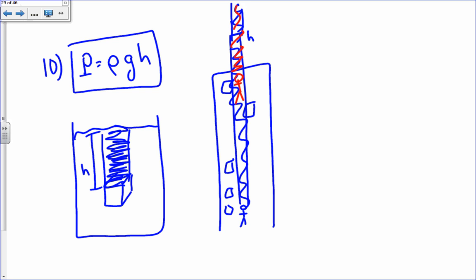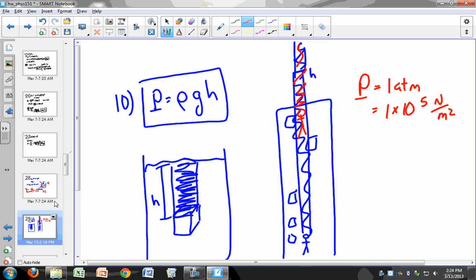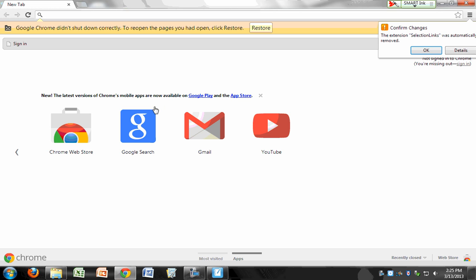About how large is the total h creating atmospheric pressure at sea level? Well, the pressure at sea level is 1 atmosphere, which is equal to 1 times 10 to the 5th newtons per square meter. I'm going to pull up our equation sheet. I want to look for the density of air.